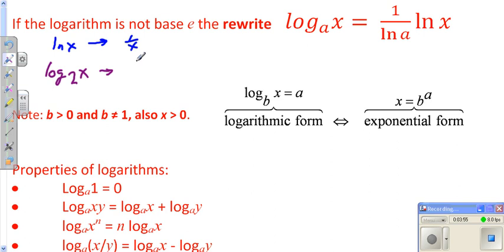Since we know how to take derivatives of natural logs, change it into natural logs: the natural log of our x over the natural log of our base, which is 2, which, if you wanted, you could write as 1 over the natural log of 2 times the natural log of x. For the most part, that's what we're saying up here.